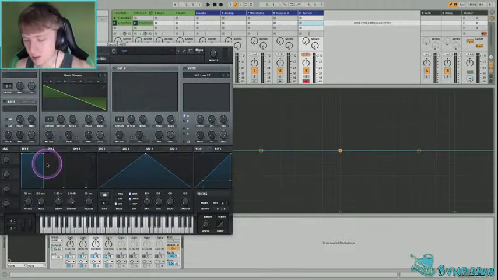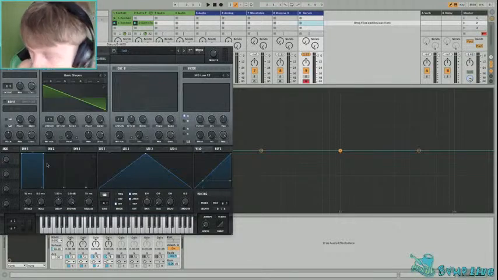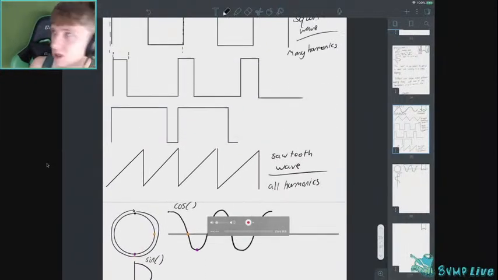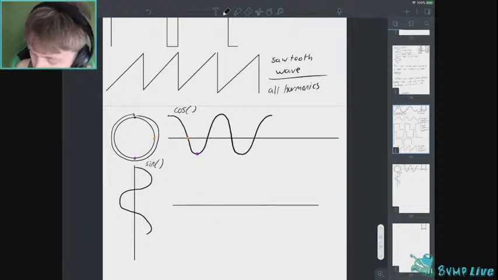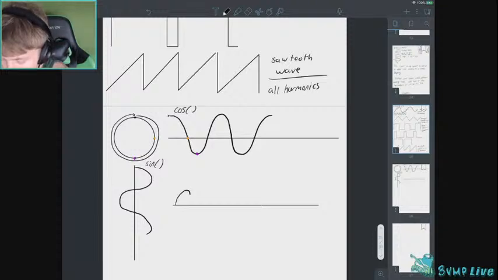Now you might be asking, what if I were to create any sort of shape for this cycle? It doesn't have to be a basic shape. It can be a complex shape. It has to go from left to right, though. It can't go backwards, obviously. But it could be something like this.